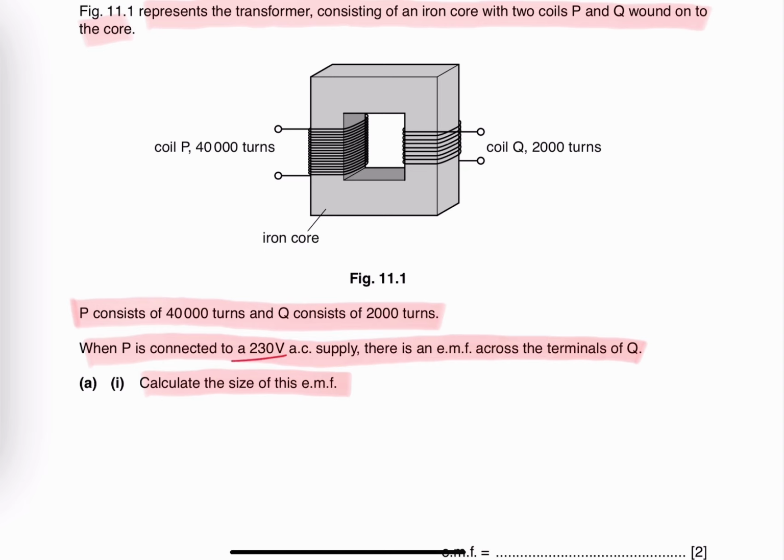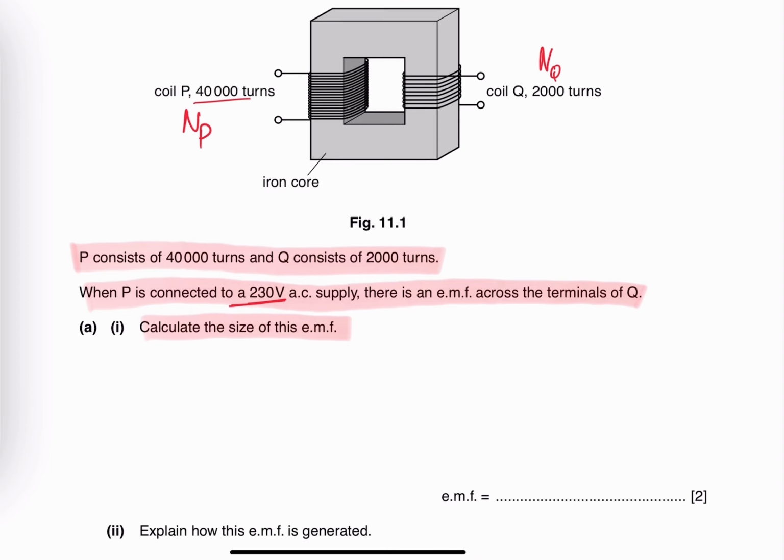This is the EMF of P, and these are the numbers of turns in P, NP, and NQ. From the transformer equation you have to find VQ. So VQ divided by VP is equal to NQ divided by NP.